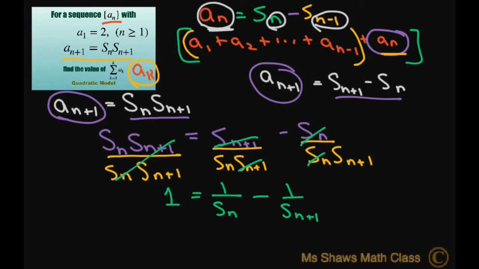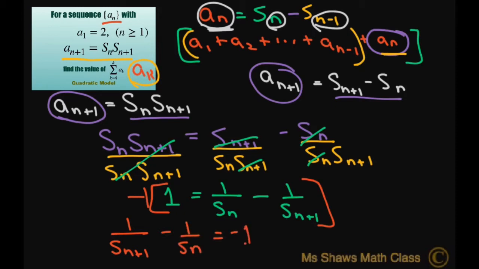Now, from that, it's still kind of hard to tell what kind of sequence it is. So let's go ahead and multiply through by negative 1. If I rewrite it and multiply, I get 1 divided by s sub n plus 1 minus 1 divided by s sub n equals negative 1.